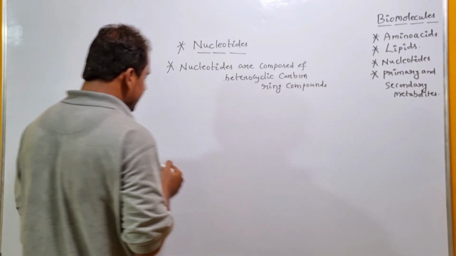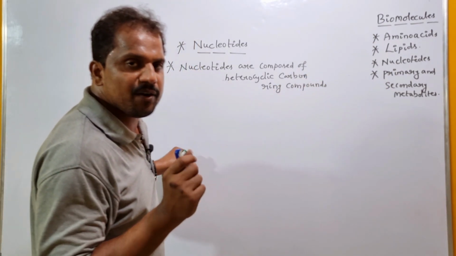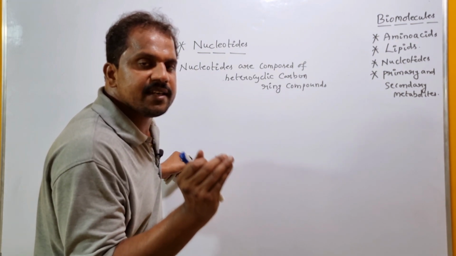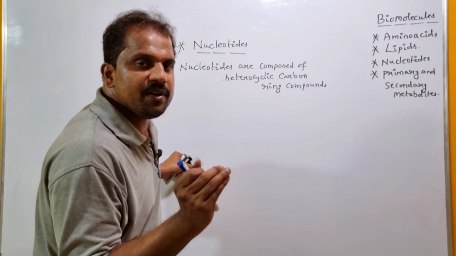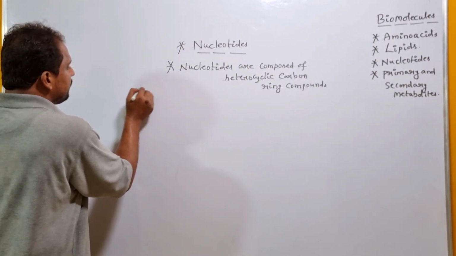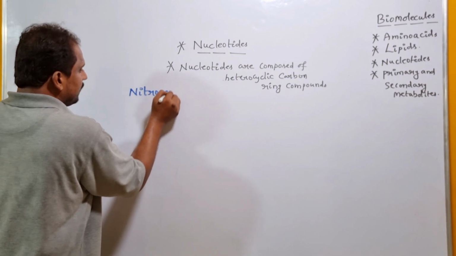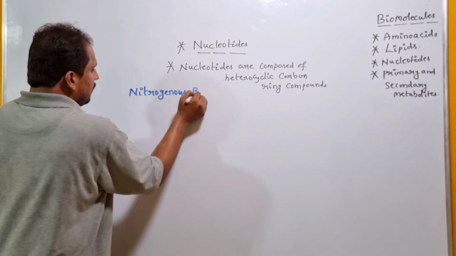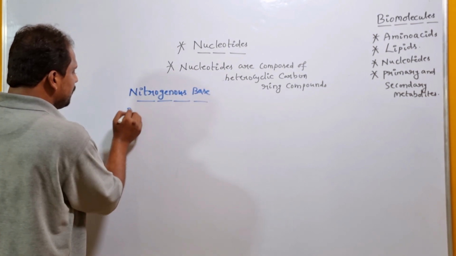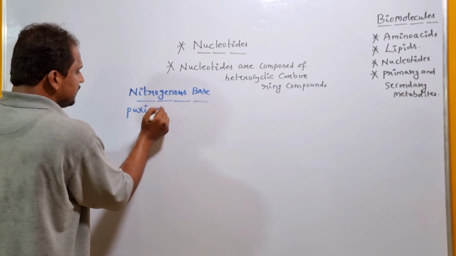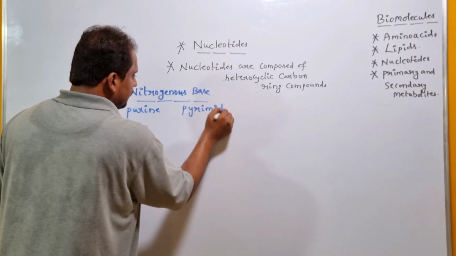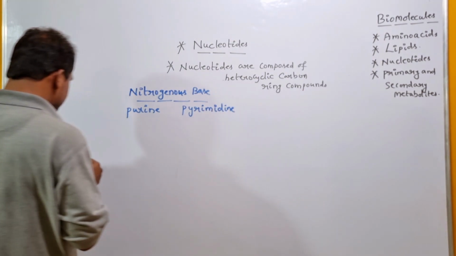These heterocyclic carbon ring compounds are termed as what? Nitrogenous bases. What are the various nitrogenous bases here? They are of two different types, and these include purines and pyrimidines.